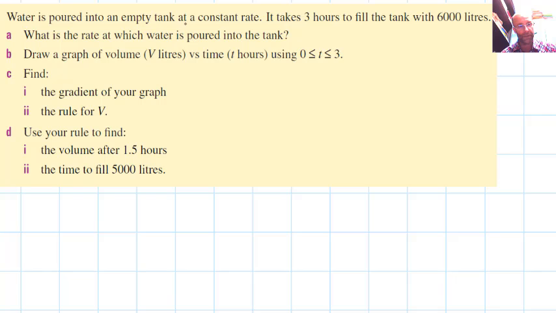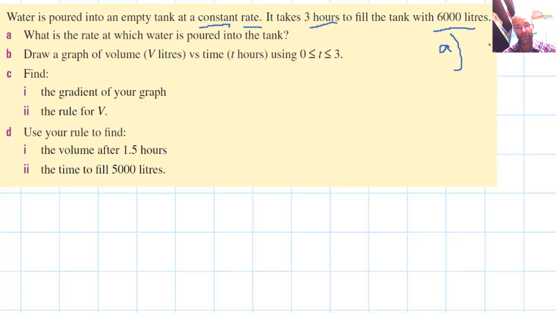Water is poured into an empty tank at a constant rate. It takes 3 hours to fill the tank with 6,000 litres. What is the rate at which the water is poured in the tank? Okay, so if we look at part A here, the rate, now the thing that is changing is time, and the other thing is the volume, the number of litres.